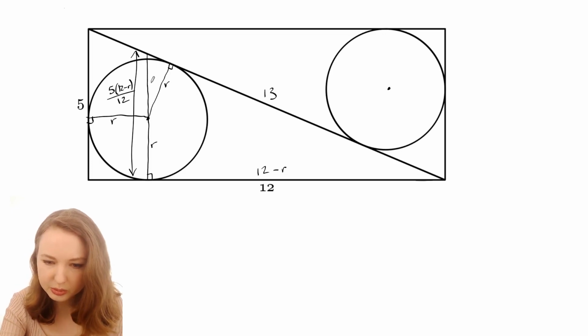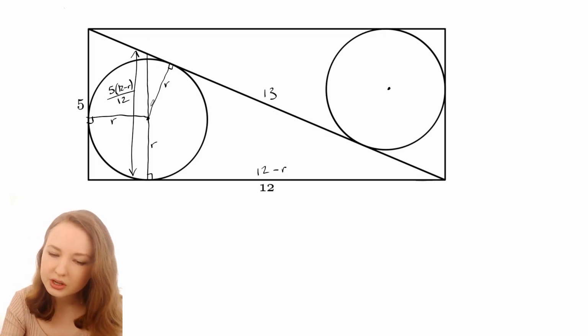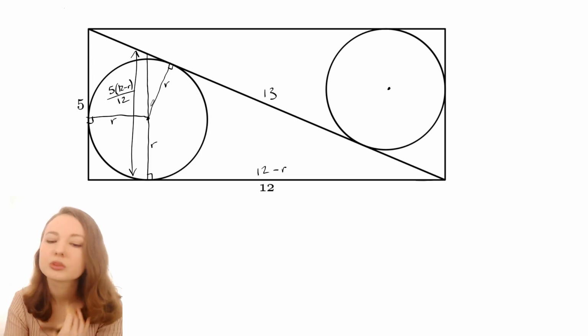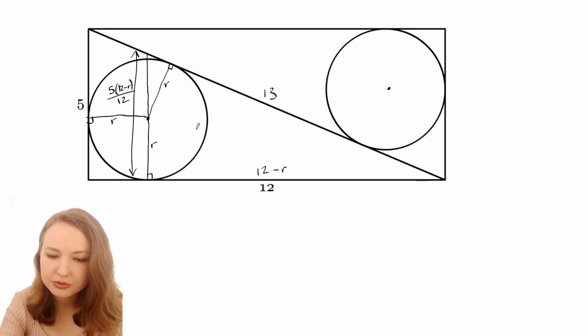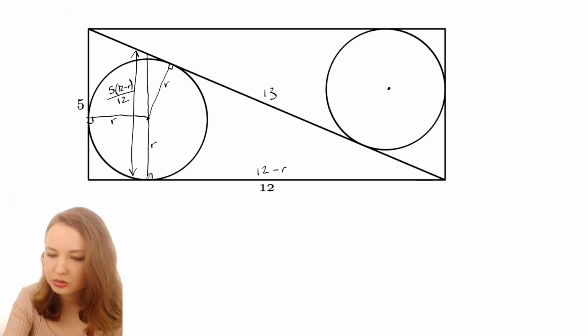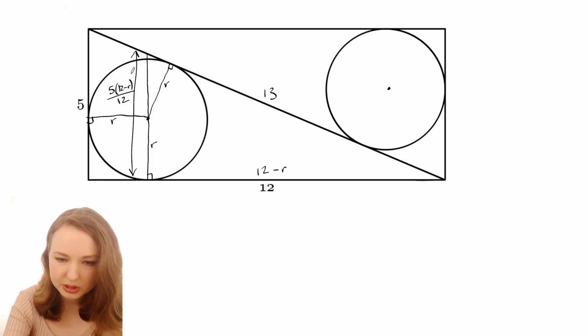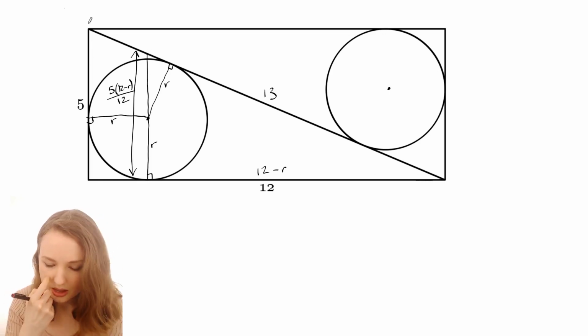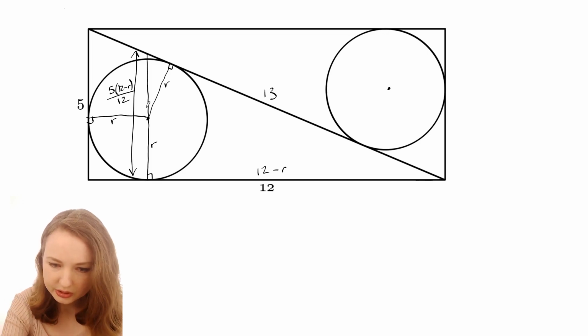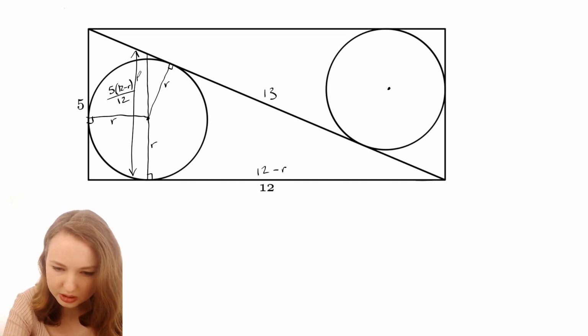And then we can do a similar thing in this triangle, and so the ratio of that side to that side is the same as that one to that one, because of that triangle being similar to this one. And that will give you that this is 13r over 12, so just that bit.